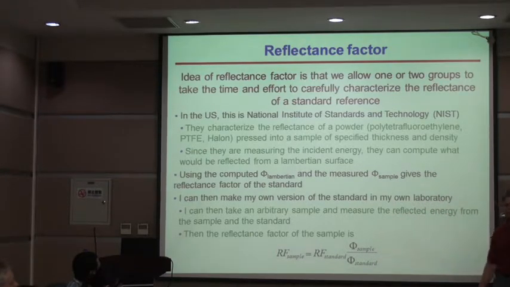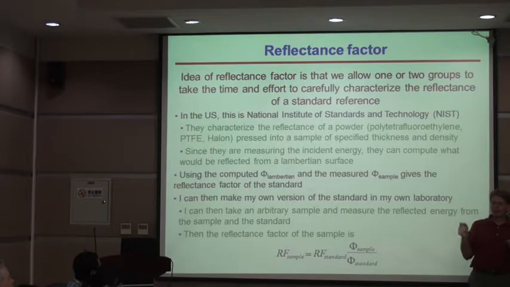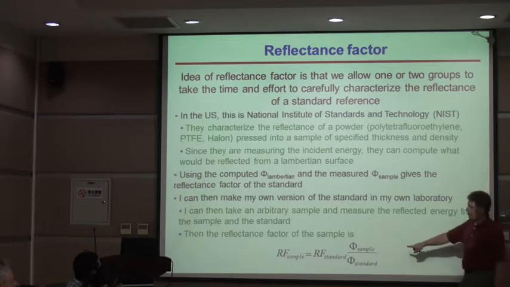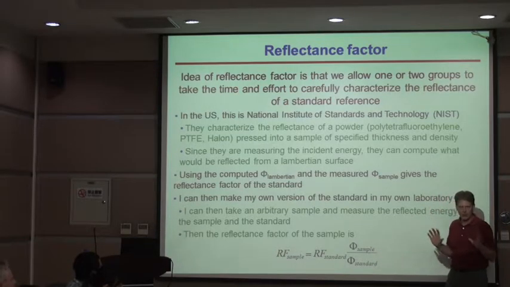Where that comes from is that we basically say, if I have these incident energies coming in, what would be the reflected energy from a Lambertian surface? And how does my actual measurement compare to that Lambertian surface? That's what reflectance factor is. It is a really bizarre concept when you stop and try to understand it.